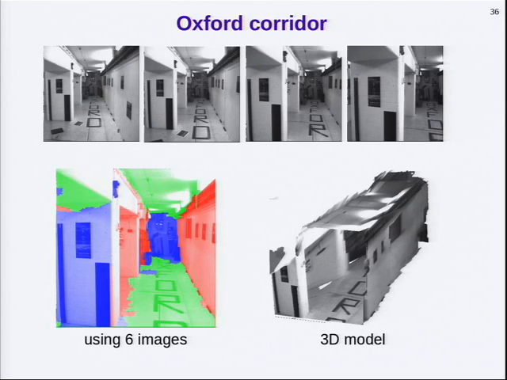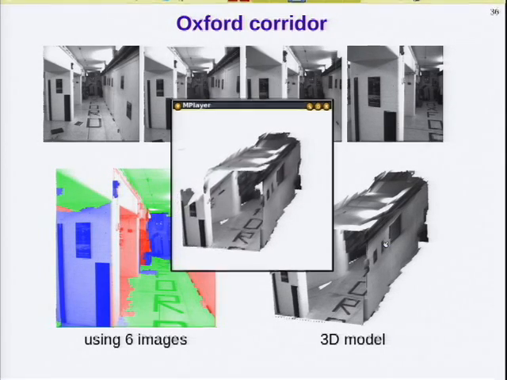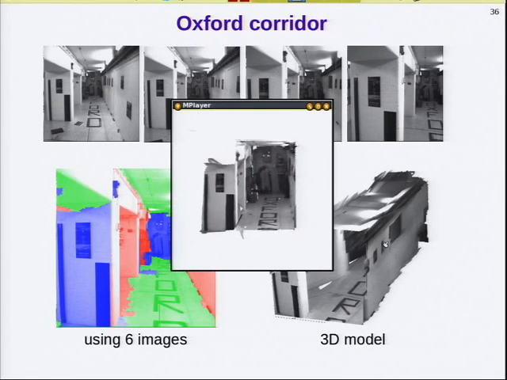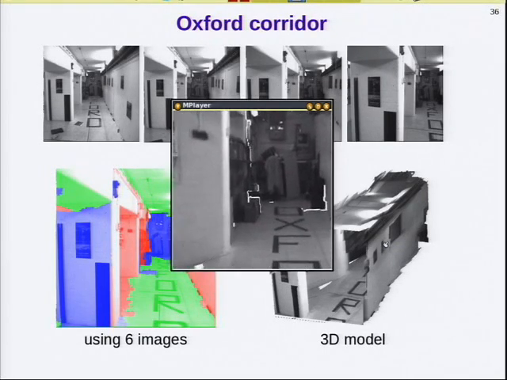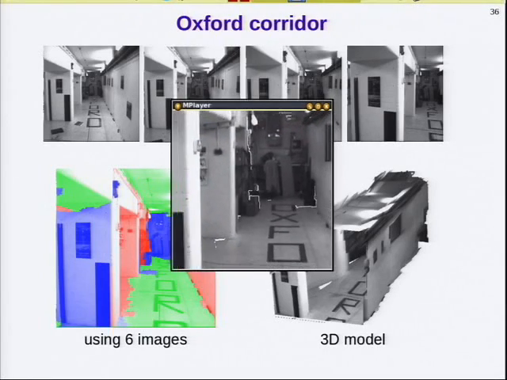Even though the images are grayscale and low quality, we can still handle it and construct a nice 3D reconstruction with correctly estimated angles and planarities, so we can walk through the corridor and out of it.